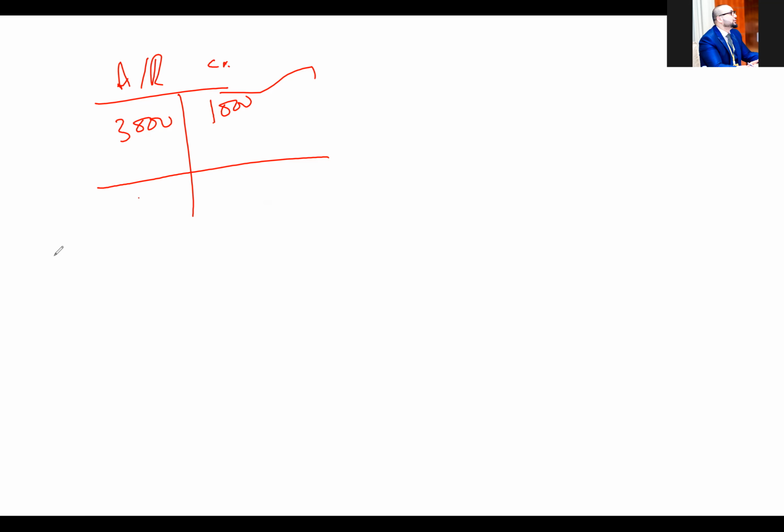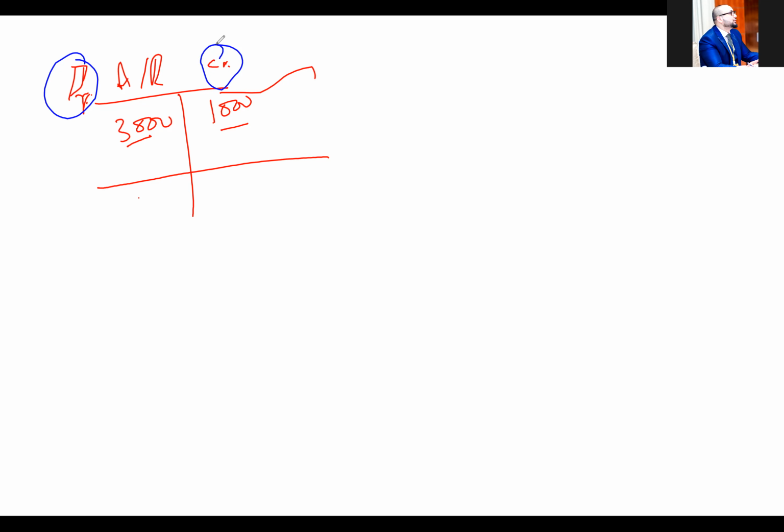So you first calculate that, okay, 3000 and 1000. So which side is greater? Debit side is greater or credit side is greater? Everyone. So debit side is 3000, credit side is 1000.